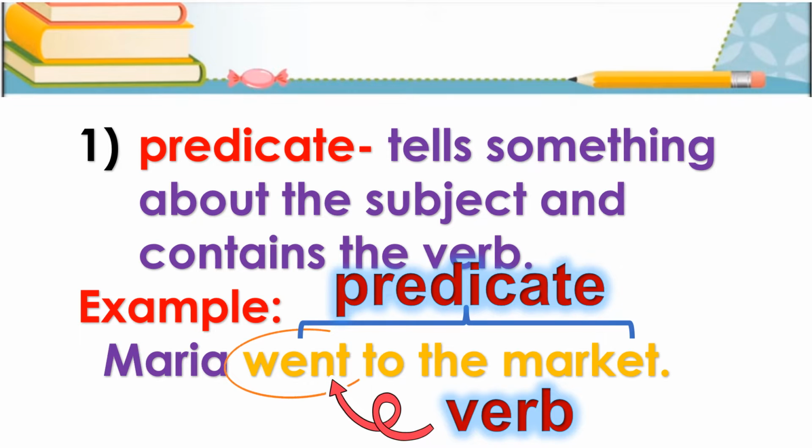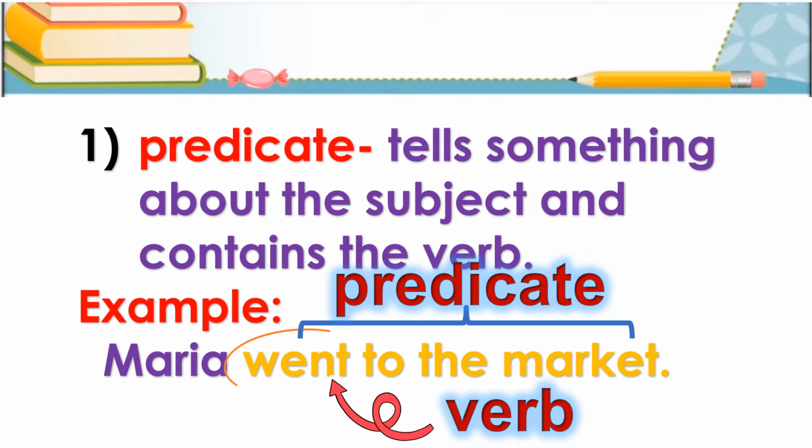Okay? So for you to identify the predicate of the sentence, you have to look first on the verb, then the following words are included in the predicate. O hanapin muna yung salitang kilos, yung nagsasabi kung ano ba ang ginagawa nung ating pinag-uusapan.